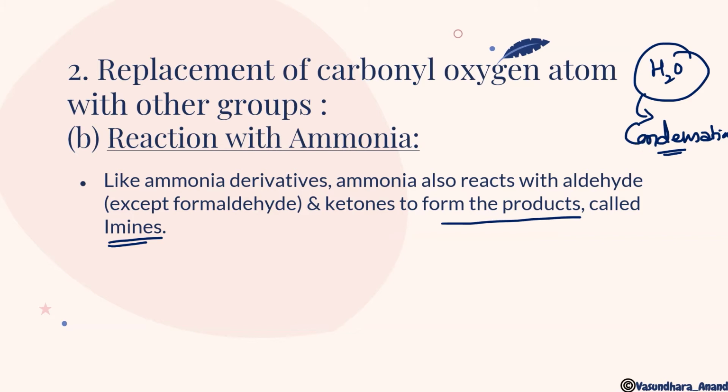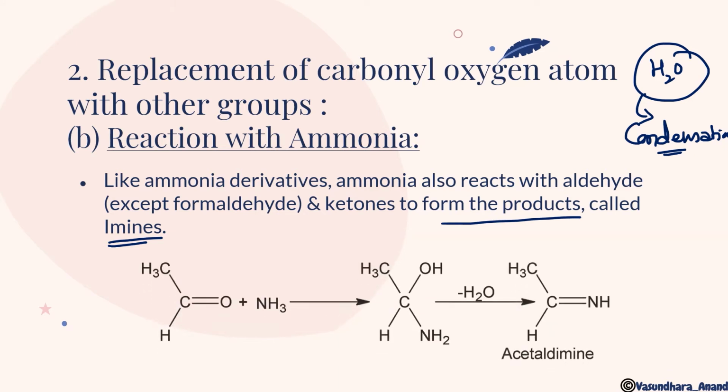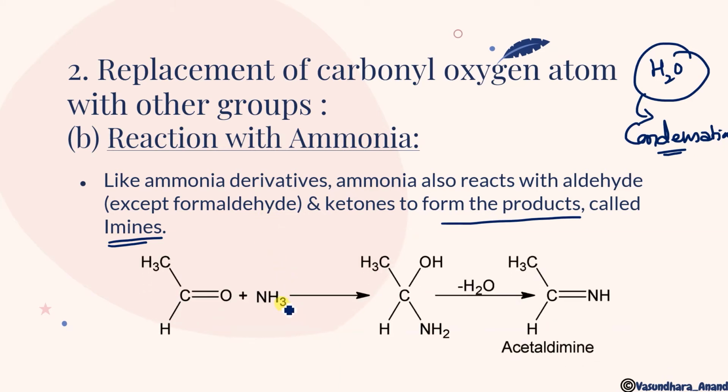Okay, so when ammonia reacts with aldehyde or ketone, it will give you imine. So here in this case, the H2O we can write like this, NH and H2. So directly you can do this: H2O will come out and this group will attach, C double bond NH, imine. But actually this occurs with a mechanism, and this will also undergo an addition reaction. It will split into NH2 minus and H plus.